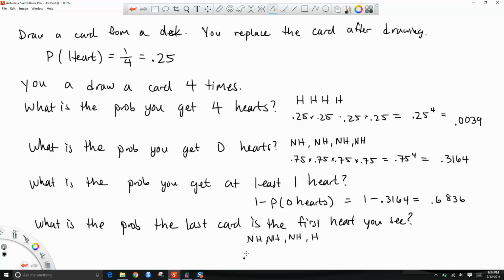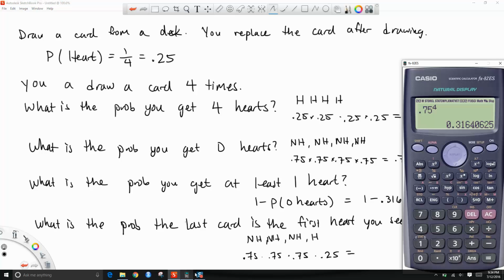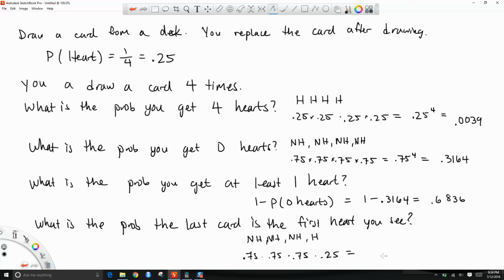So we're going to have 0.75 times 0.75 times 0.75 times 0.25, or 0.75 raised to the third times 0.25. And that gives me 0.1055. Is that good? Good with everybody?